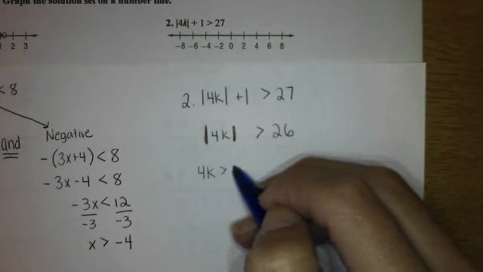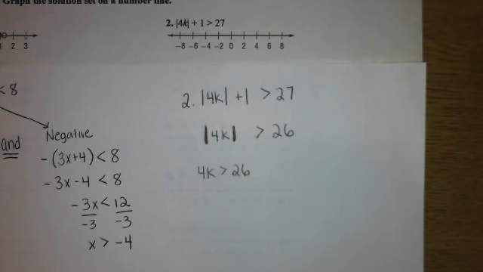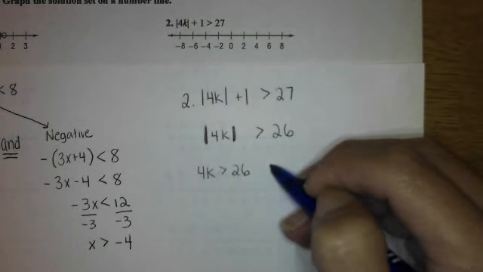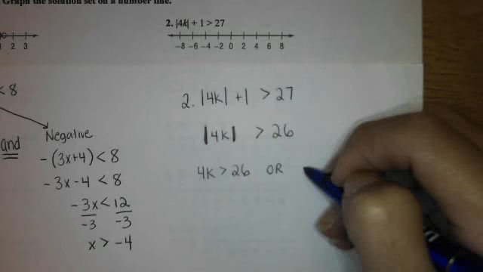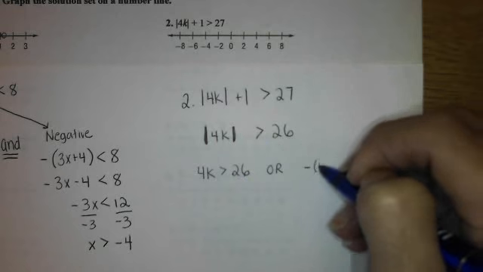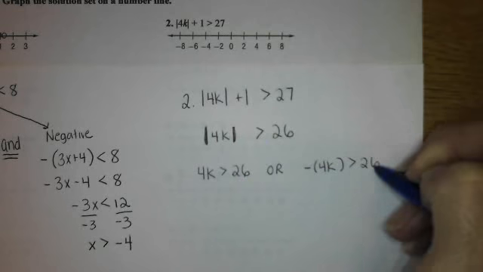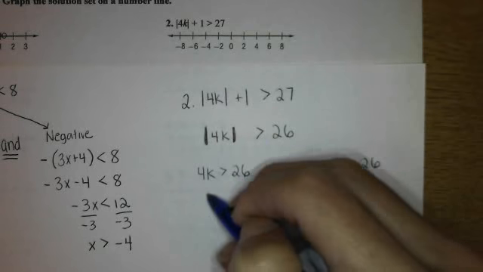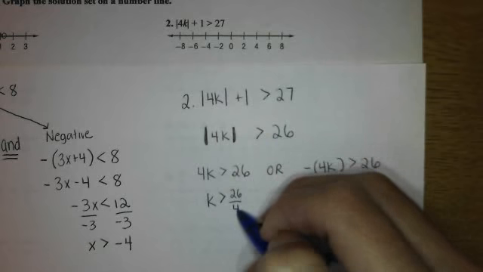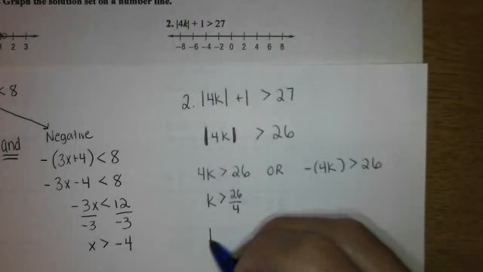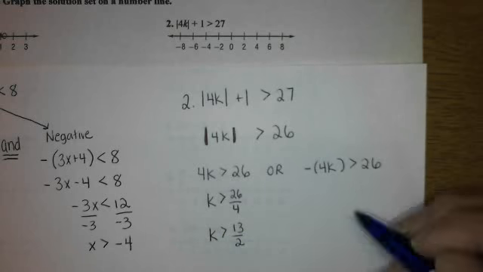So case number 1, the positive case, 4k is greater than 26. It's a greater than symbol. So our second case, our negative case, the negative of 4k has to be greater than 26. So in the positive case, we get k is greater than 26/4, which of course simplifies, they're both even numbers, to 13/2.